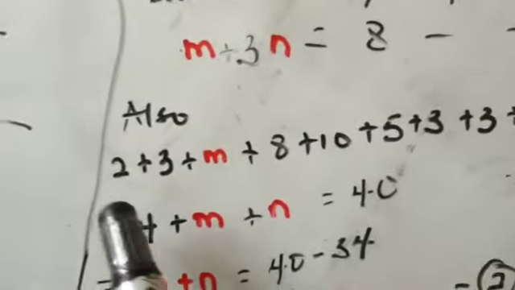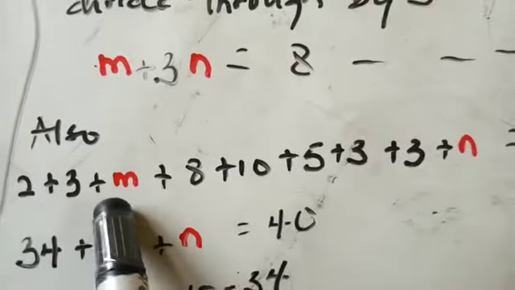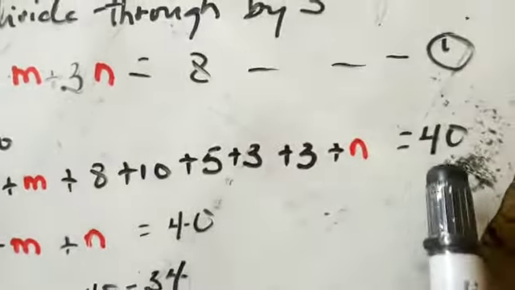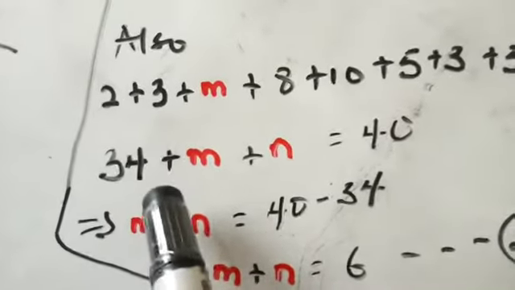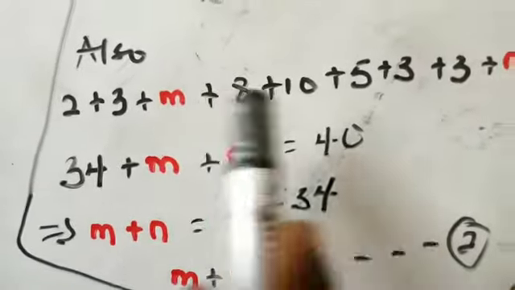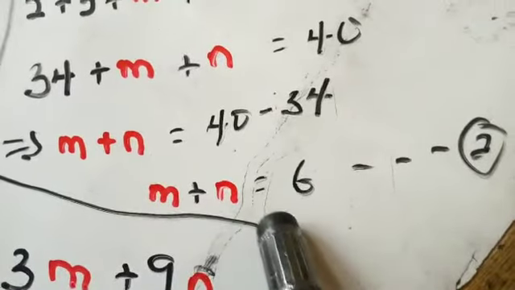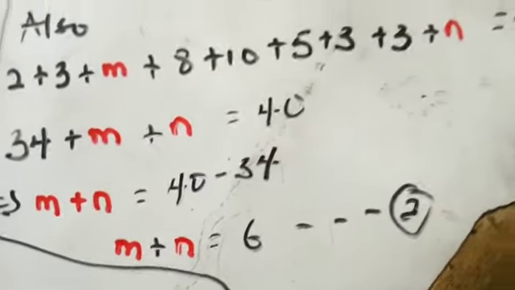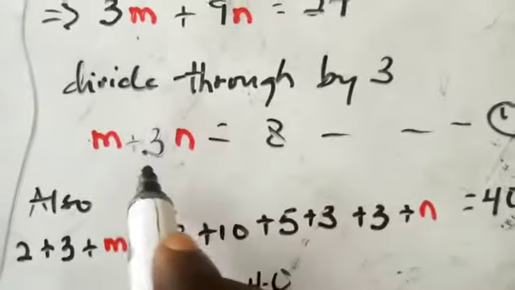So 2 plus 3 plus 4 plus m plus everything plus n is equal to 40. Add all the numbers and you get 34 plus m plus n is equal to 40. Send the 34 to the other side, so you arrive at m plus n is equal to 6. So you get 2 equations.